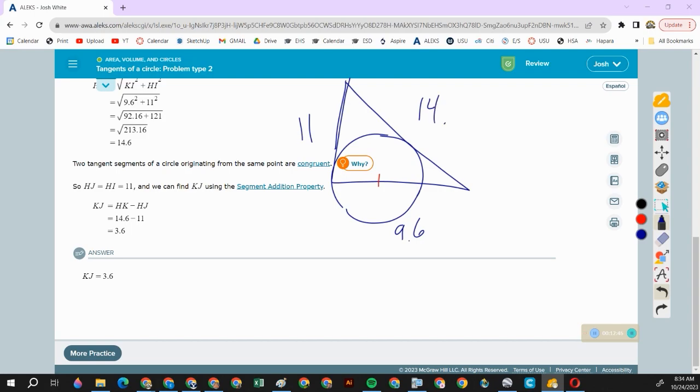And this was 14.6. Okay. So we want to know how big is this? Well, if I have a tangent line that starts from the same point, those two pieces are equal. So this one would also be 11. So this remaining chunk is just 14.6 minus 11. So 3.6.